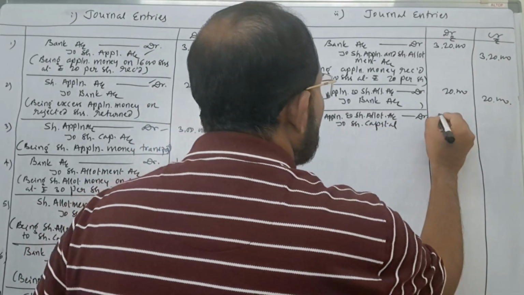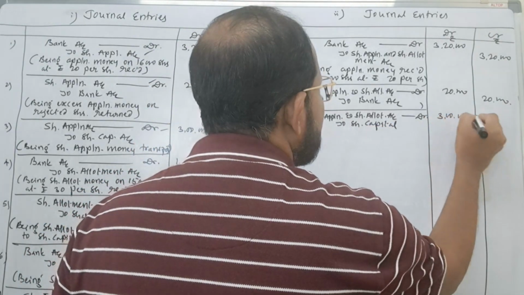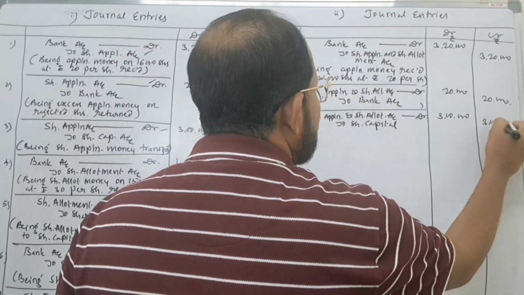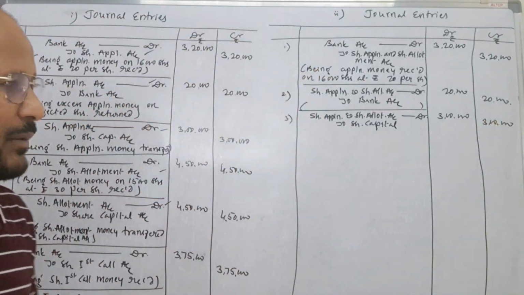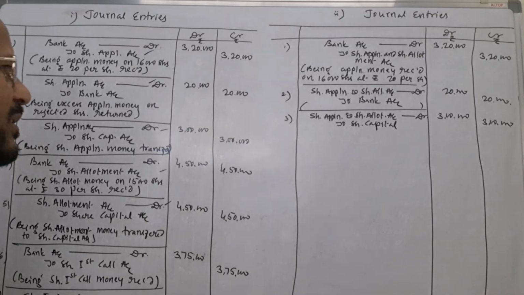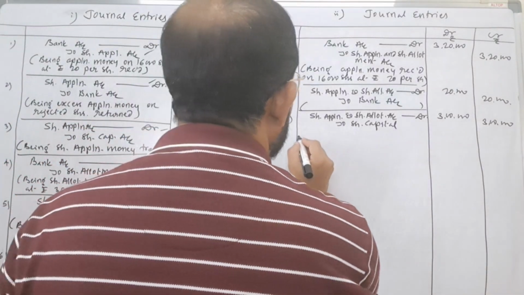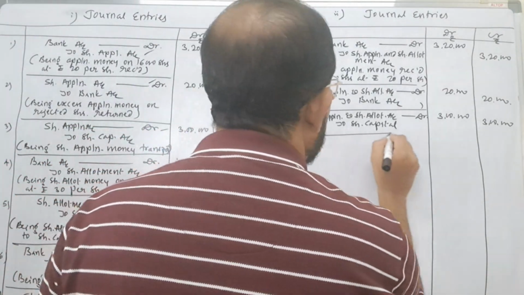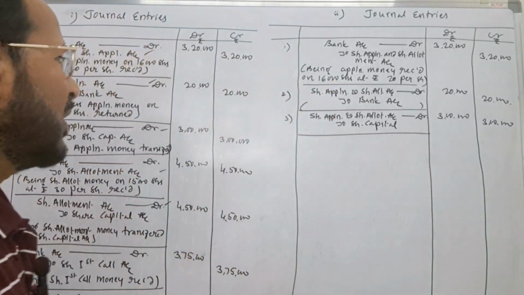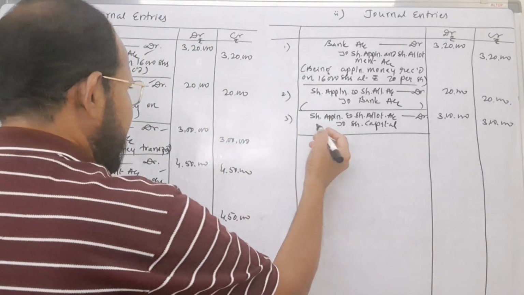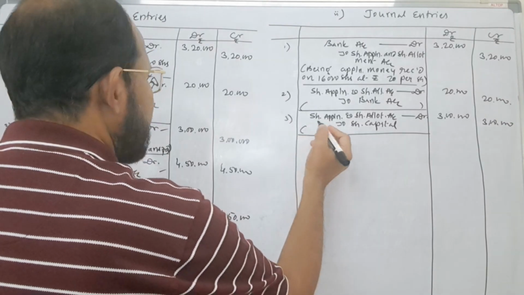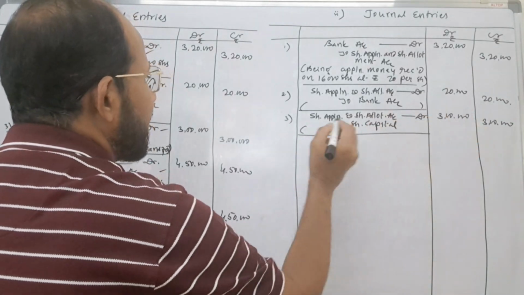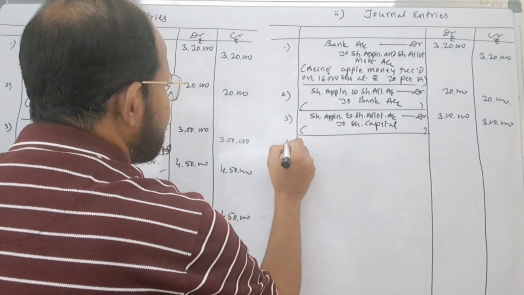What is the amount? Rupees 3 lakh, rupees 3 lakh. Same amount, same narration, but the only thing is you change the name of the account. Instead of a single account, you have to take the combined one. Here write the same narration, being share application money transferred to share capital account.